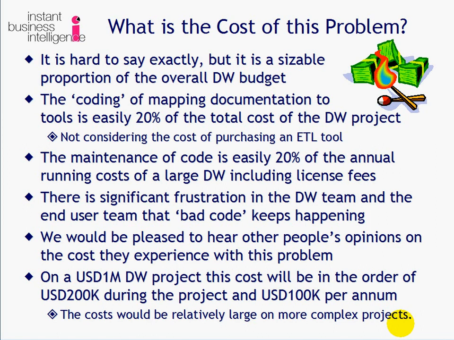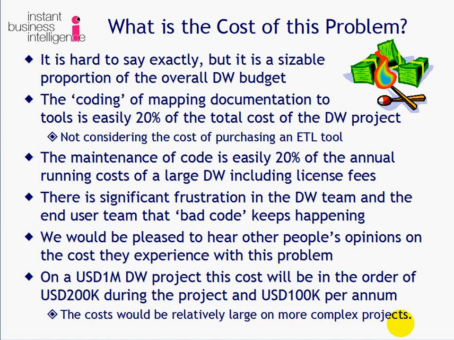There is a significant frustration in the data warehouse team and end user team that bad code keeps happening in ETL subsystems. You can talk to other people who've implemented ETL subsystems or other IT managers who've implemented ETL subsystems, and you'll consistently hear that bugs in the ETL subsystem are a very significant area of frustration.